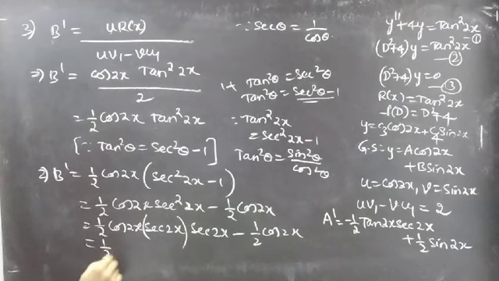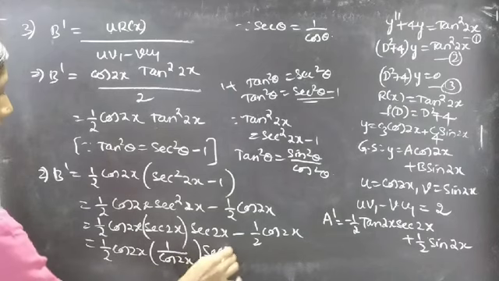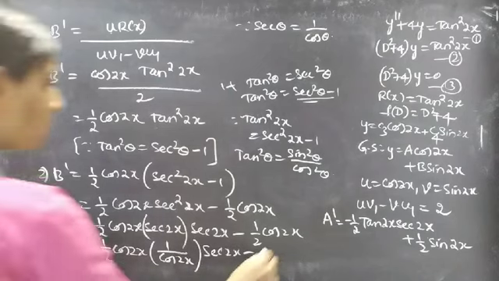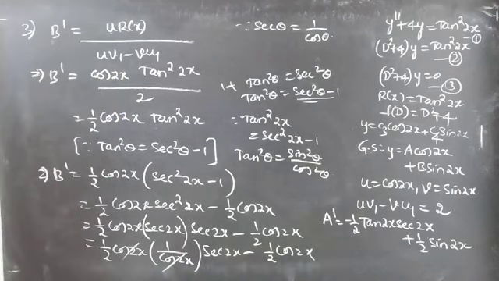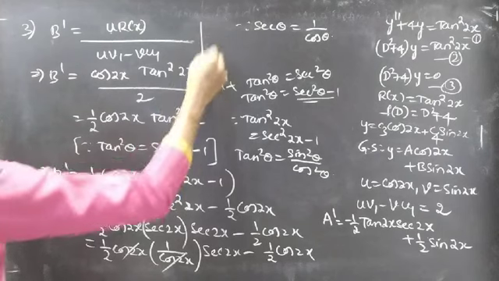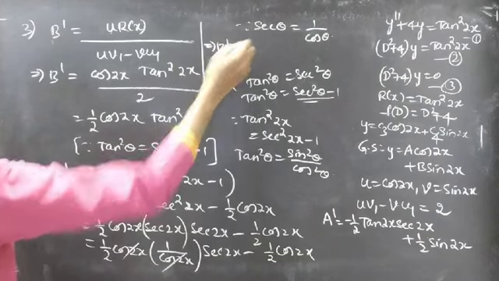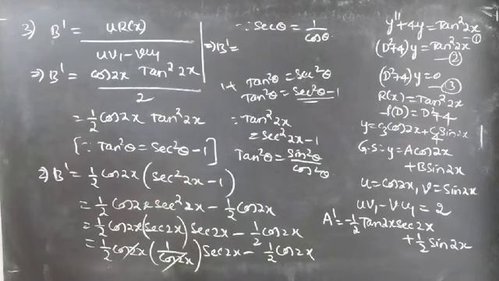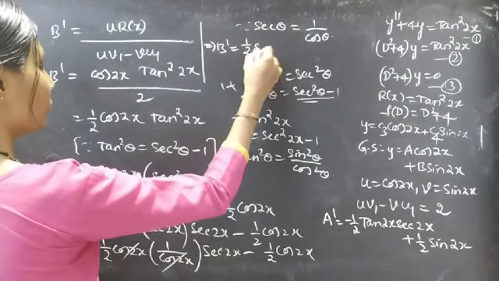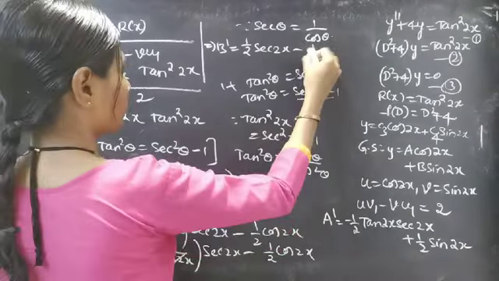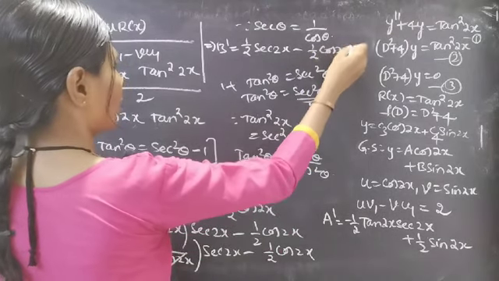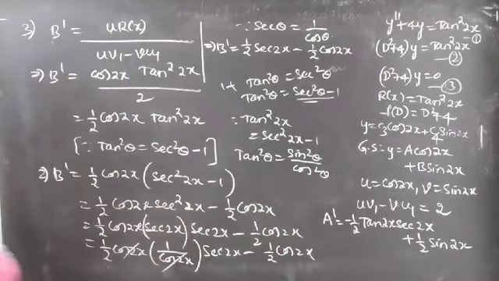Then we'll get 1 by 2 into cos 2x into 1 by cos 2x into secant 2x minus 1 by 2 cos 2x. So here cos 2x gets cancelled, and from this we'll get b dash equal to 1 by 2 secant 2x minus 1 by 2 cos 2x. So this is the required b dash, right?